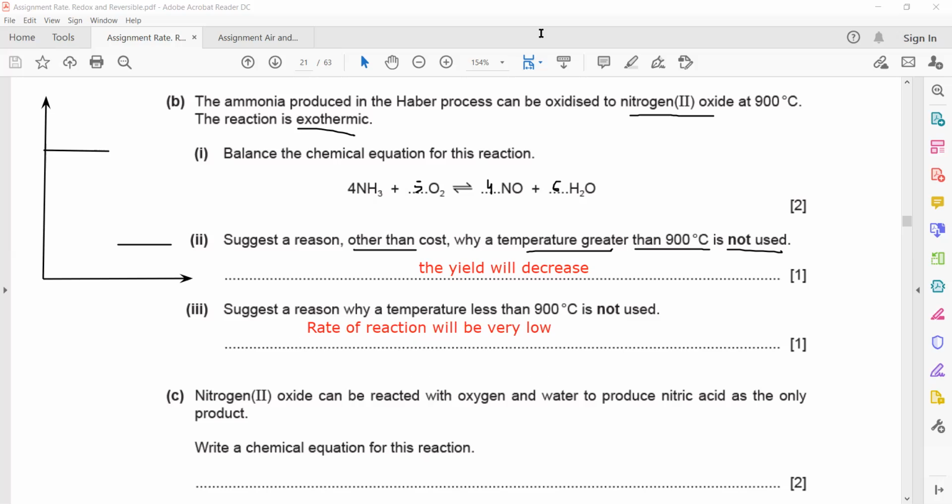So that's why we use a temperature around 900, not too high, so that the amount of product will not decrease too much, and not too low, otherwise the speed of the reaction will be too slow.